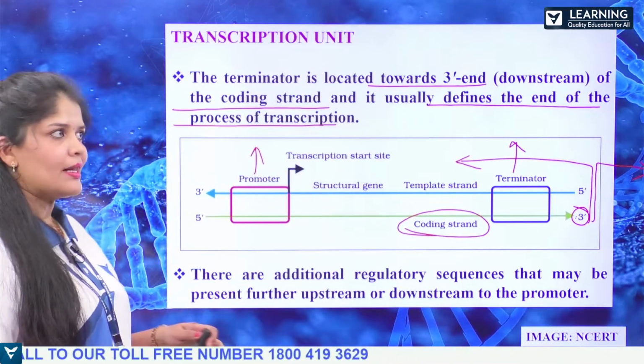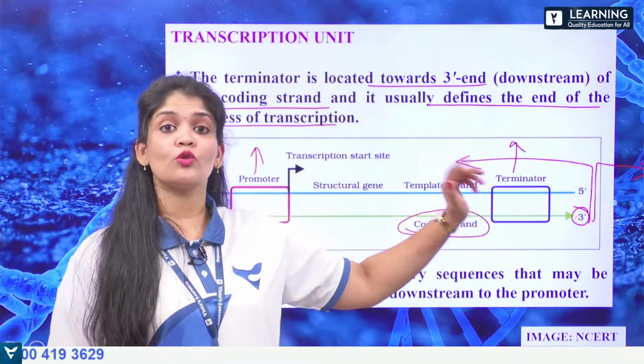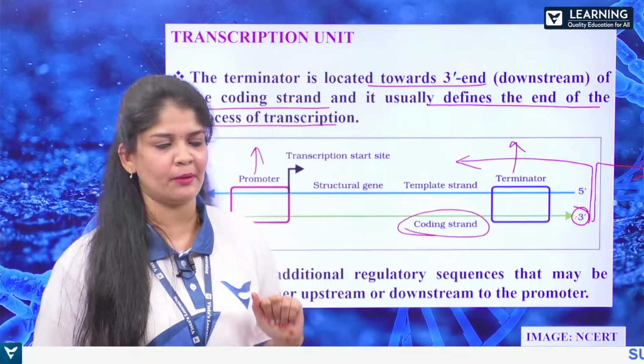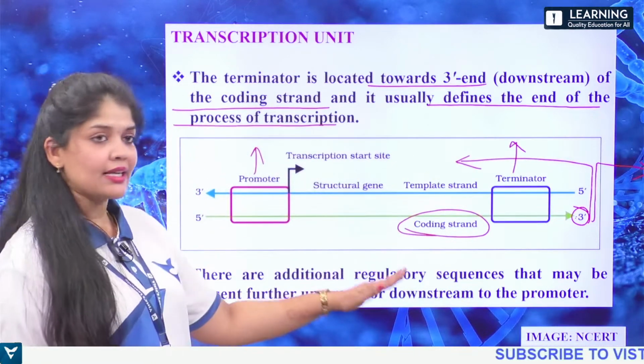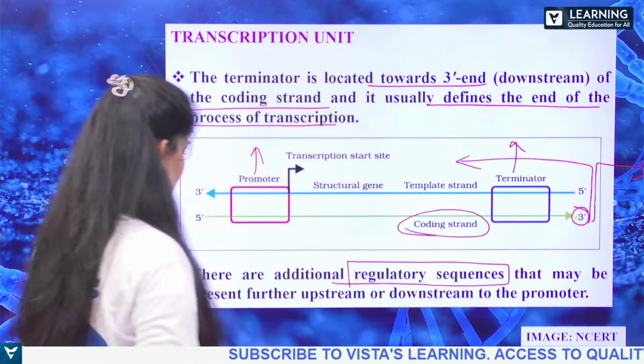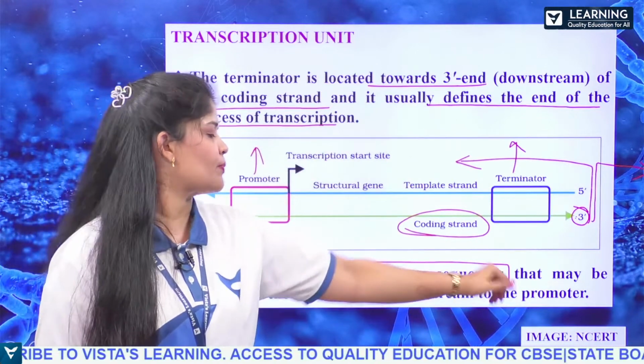Now, along with the promoter, structural gene and the terminator, we also have regulatory sequences, which can also be called a regulatory gene. There are additional regulatory sequences that may be present further upstream or downstream to the promoter.